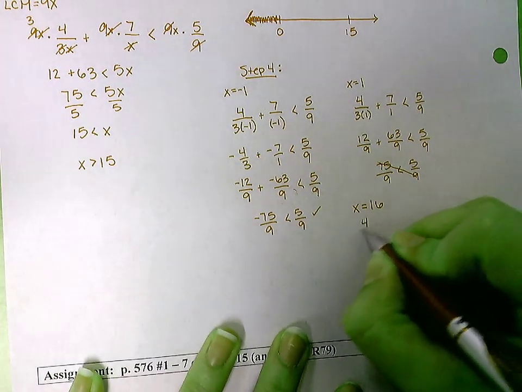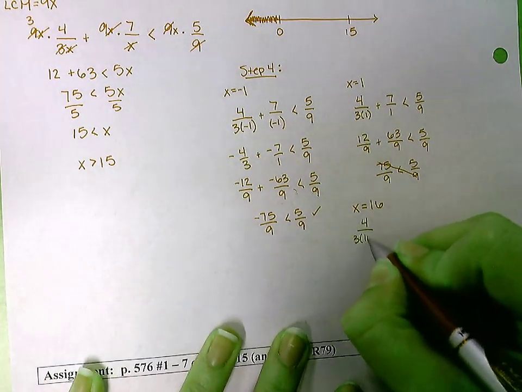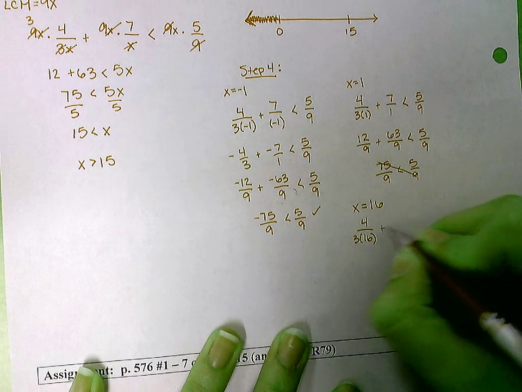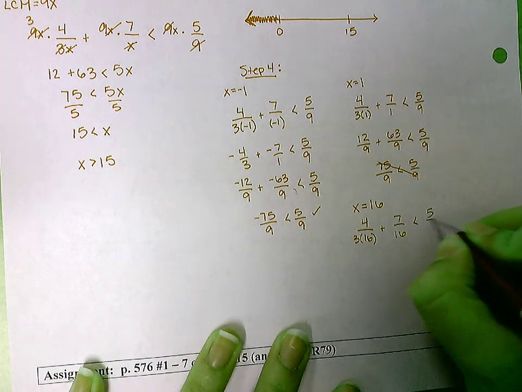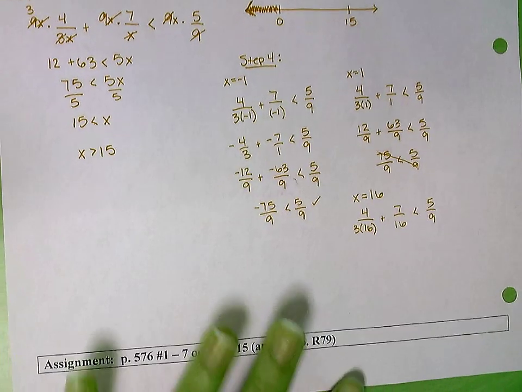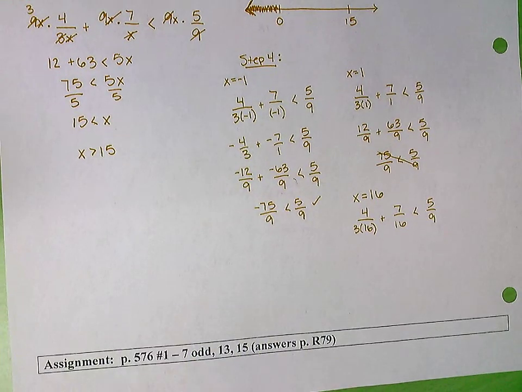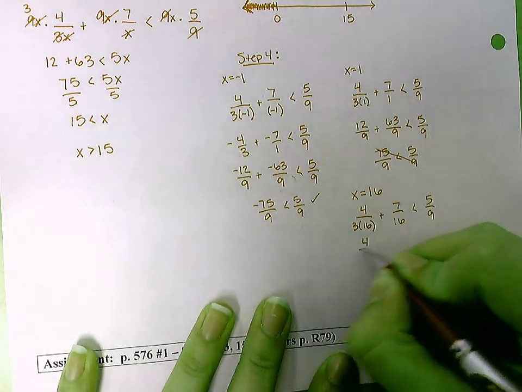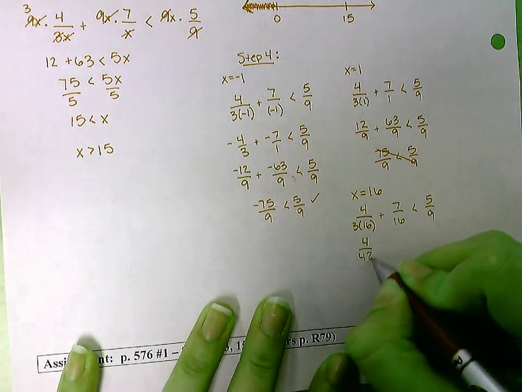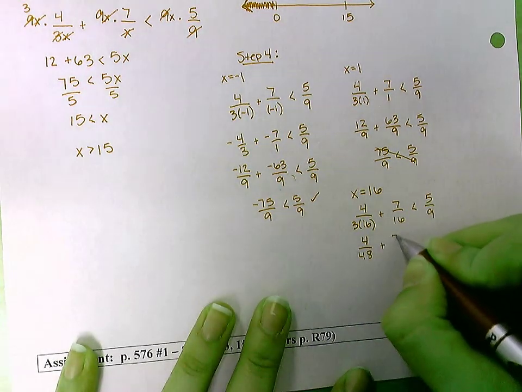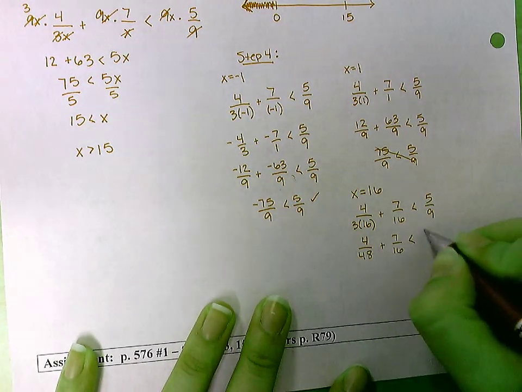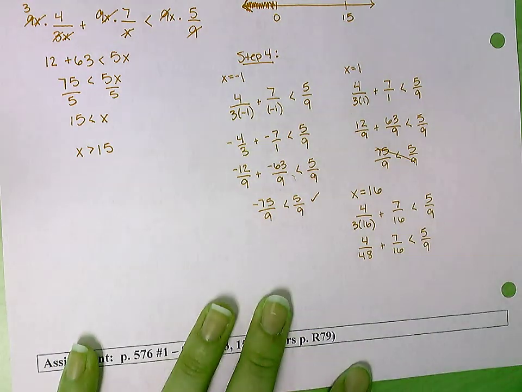So we have 4/3 times 16 plus 7/16 is less than 5/9. So I have 4/48 plus 7/16, less than 5/9.